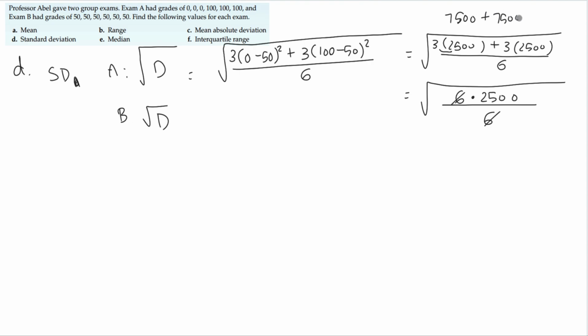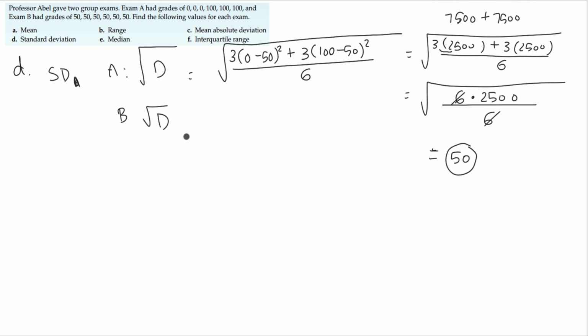So you can add them first, then divide it by 6, then you're gonna get 2,500. It's the same result. Anyways, square root of 2,500 is 50. You can use your calculator, or you can just think that 50 times 50 is 2,500. So the standard deviation for exam A is 50.